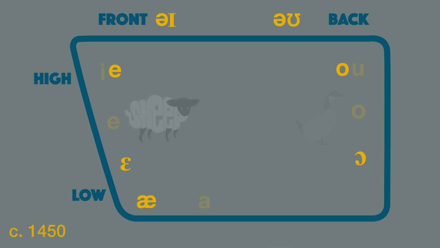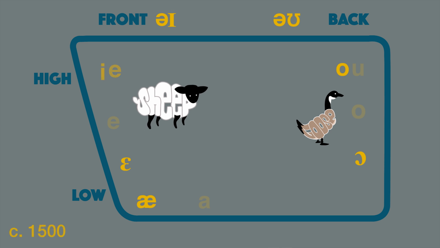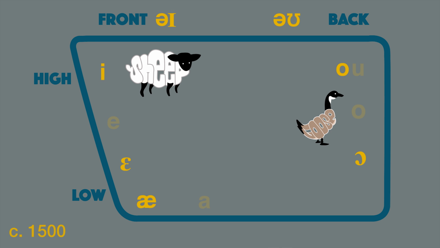Before 1500, sheep and goose were pronounced with the vowels E, shape, and O, goose. Around 1500, their pronunciation moved up to become sheep, E, and goose, U, which is how they are pronounced today.